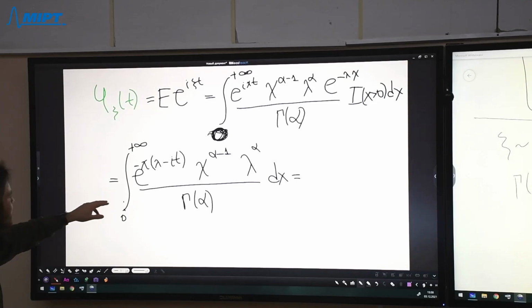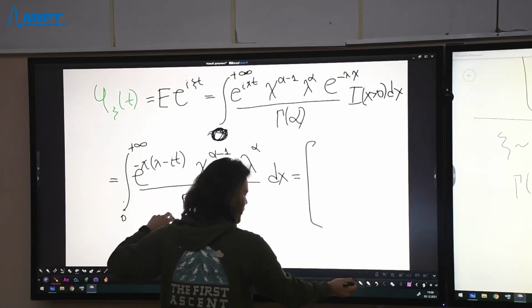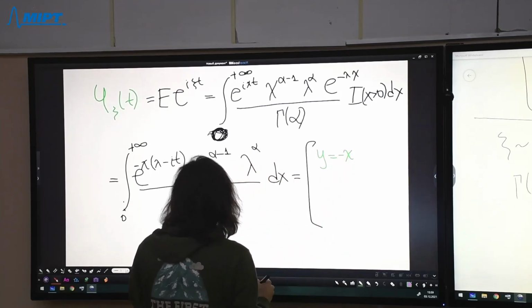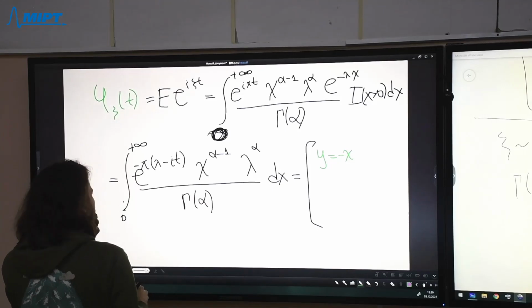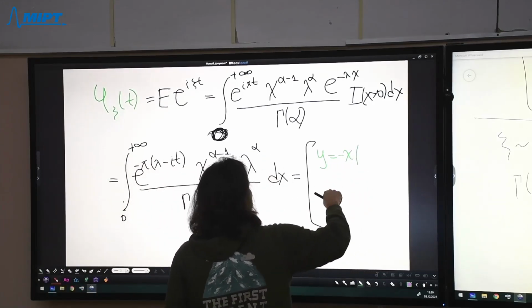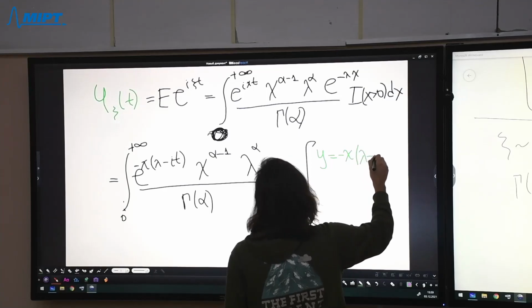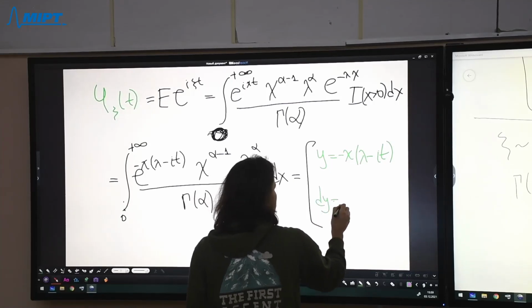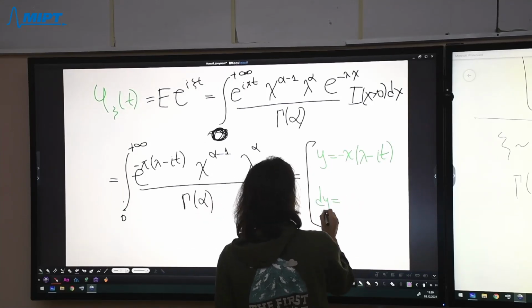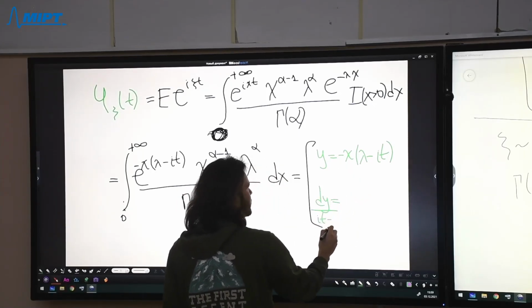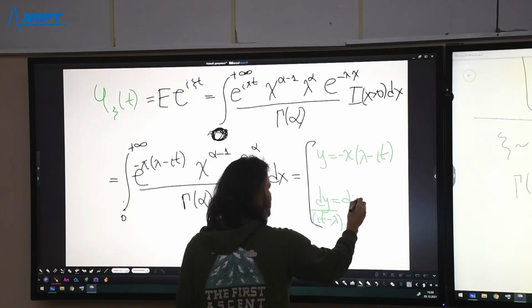Now let's say that y is equal to x times (lambda minus it). So what do we have for dy? This is just (lambda minus it) dx.